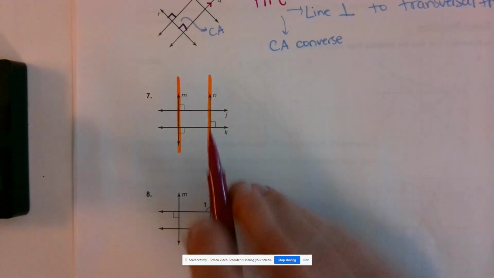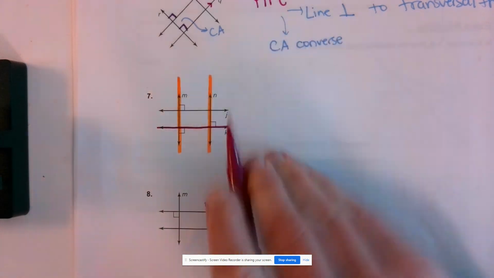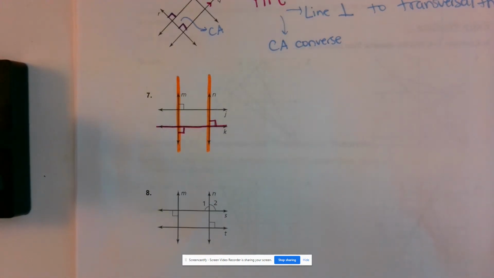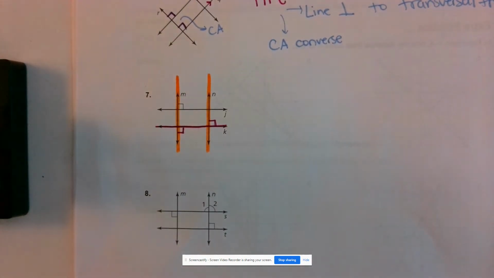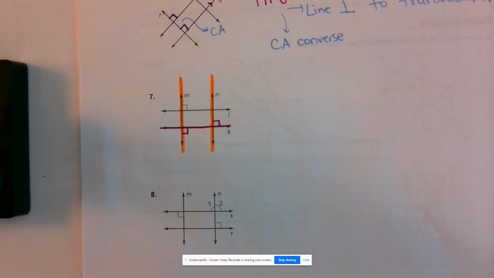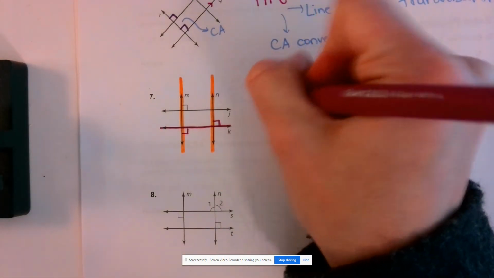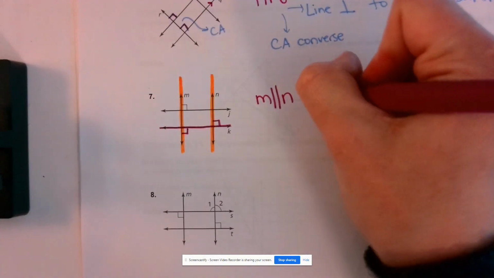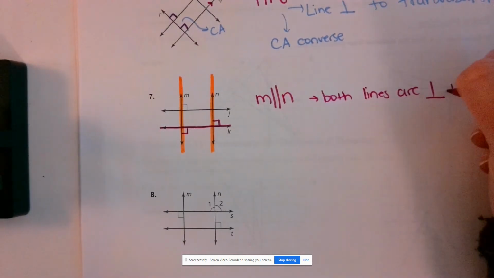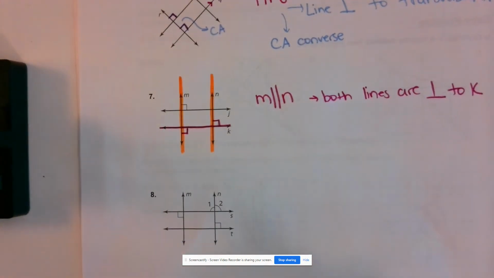If I look at this transversal K, I notice K is perpendicular to both lines M and N. So since both M and N are perpendicular to line K, this tells me that M has to be parallel to N because both lines are perpendicular to line K. That would be the same theorem as up above.